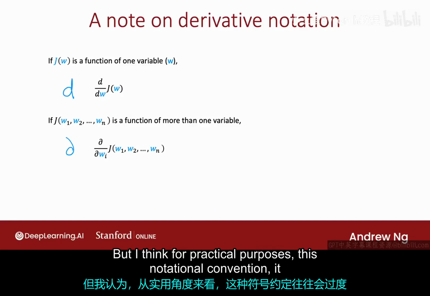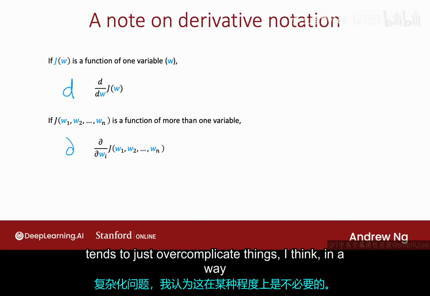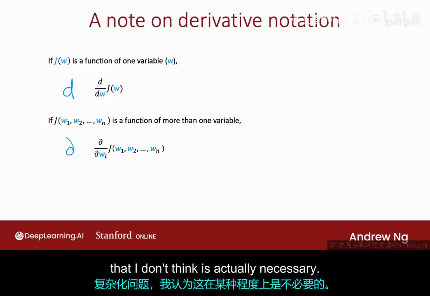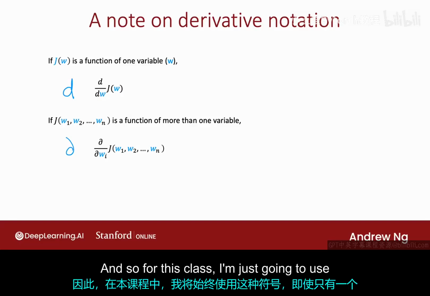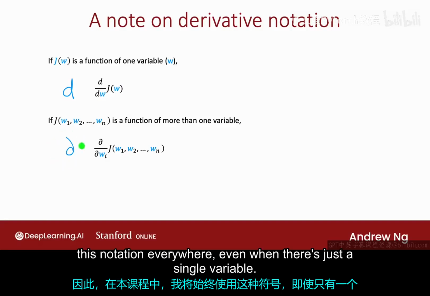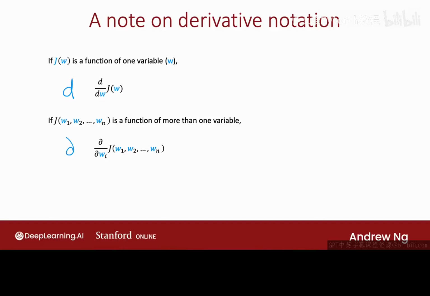But I think for practical purposes, this notational convention tends to just overcomplicate things in a way that I don't think is actually necessary. And so for this class, I'm just going to use this notation everywhere, even when there's just a single variable.